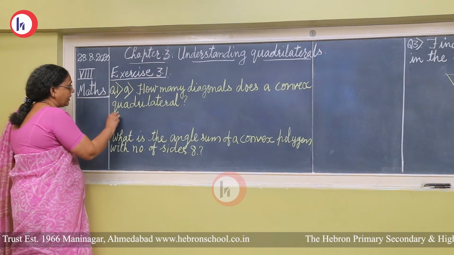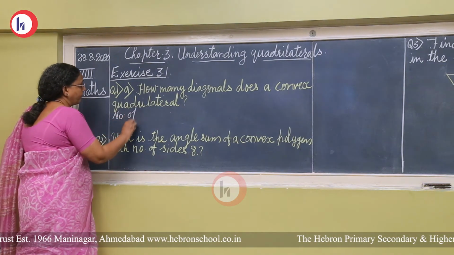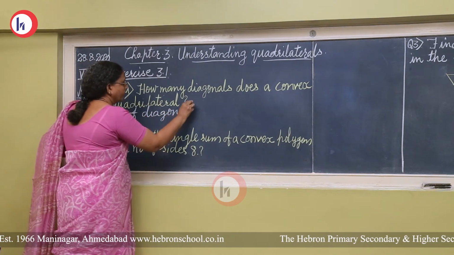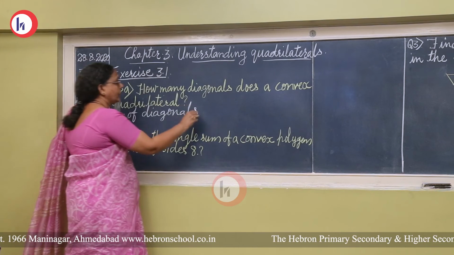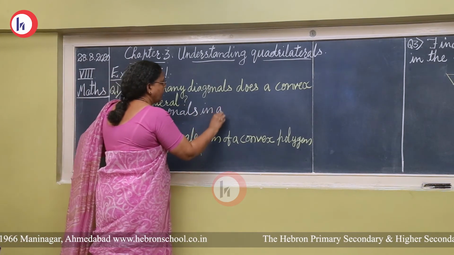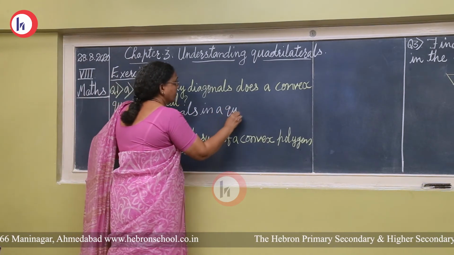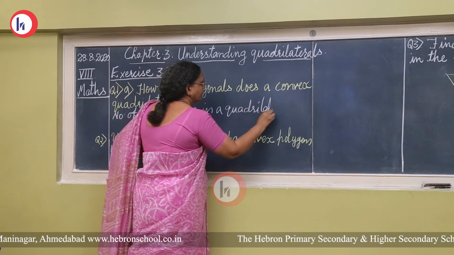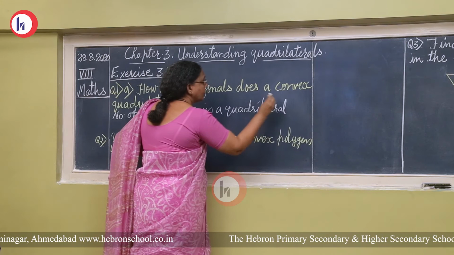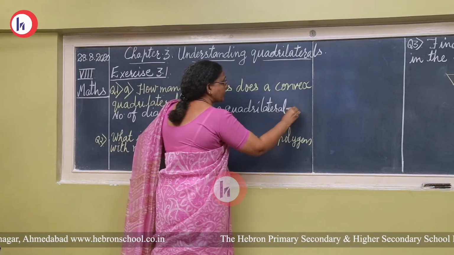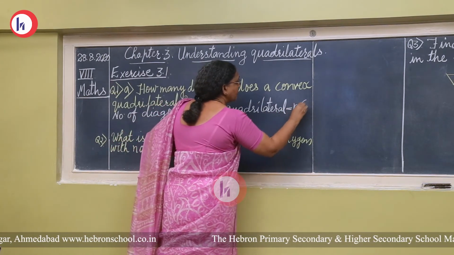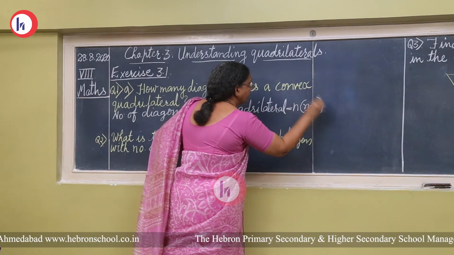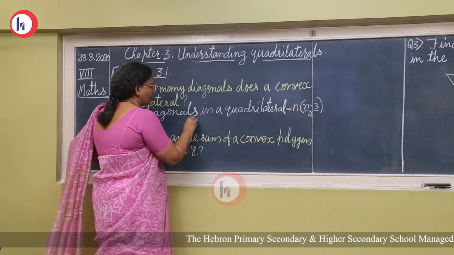So we write first the formula to find out the number of diagonals in a quadrilateral. It is equal to n into n minus 3 upon 2. Now n is equal to the sides.